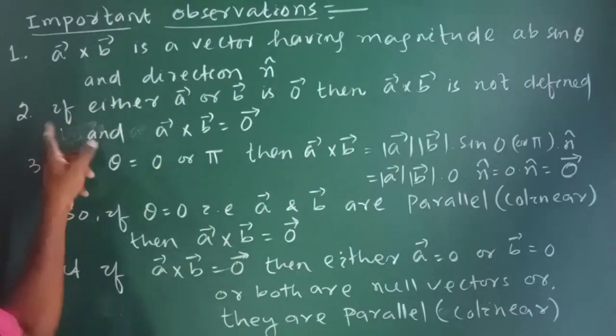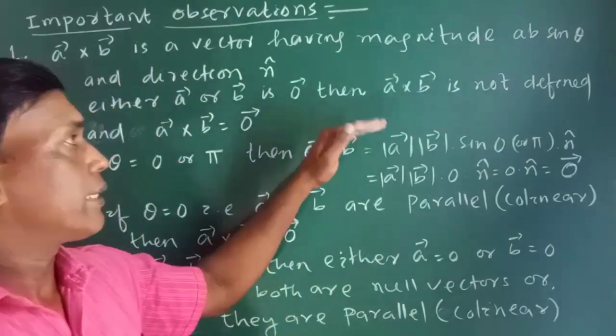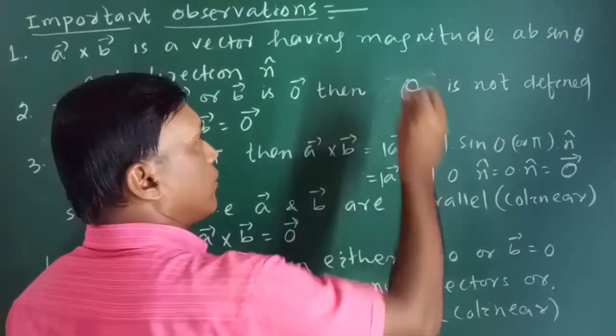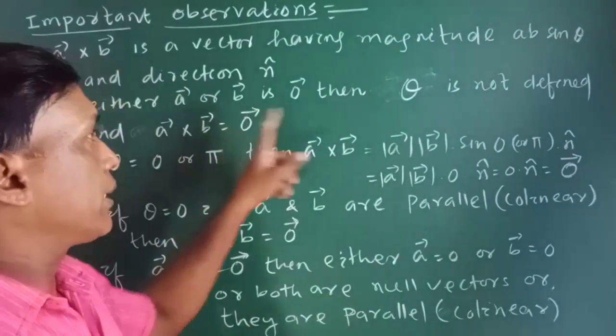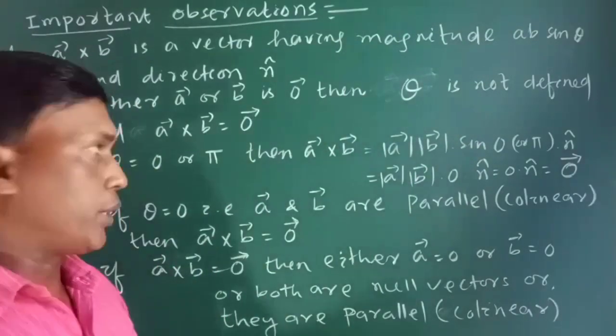Second, if either A or B is 0, I have already said, in this case theta is not defined, but A cross B is 0.